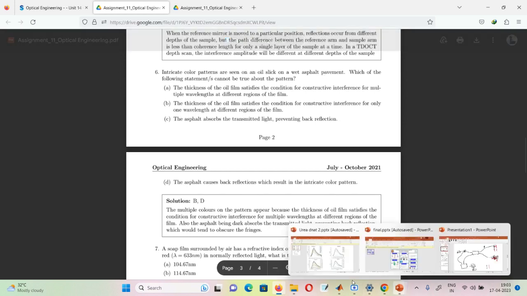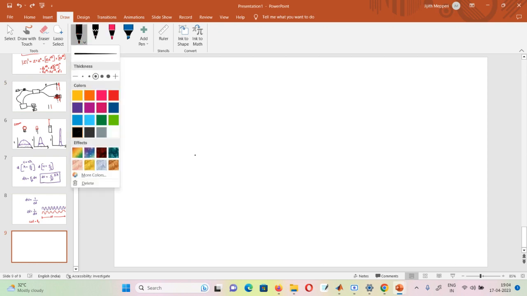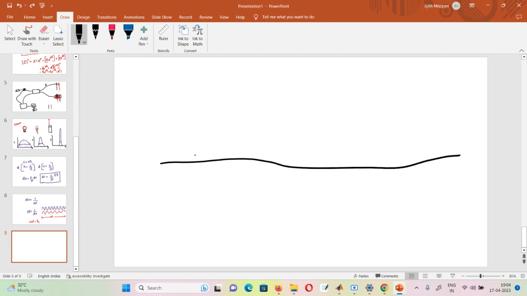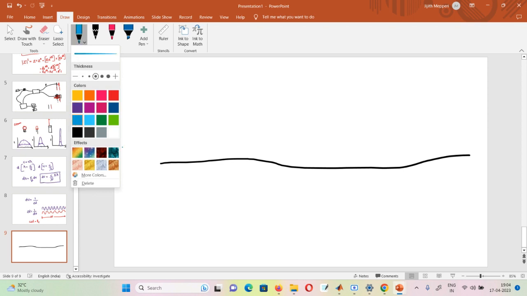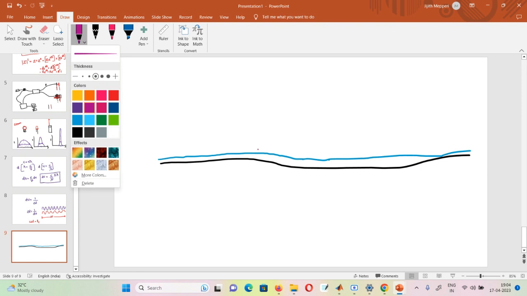Just think that you have a road, and above that one, usually in rainy season you will see, okay, there's a water layer here. Above that one, there will be some oil layer.